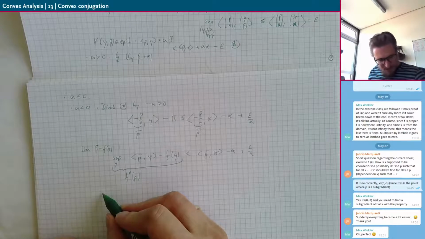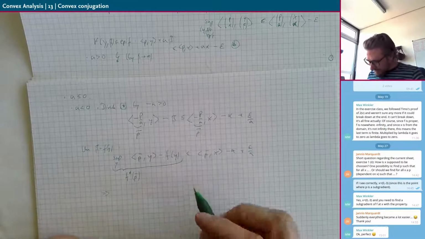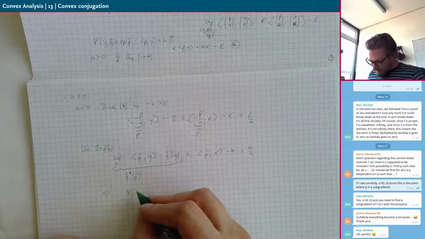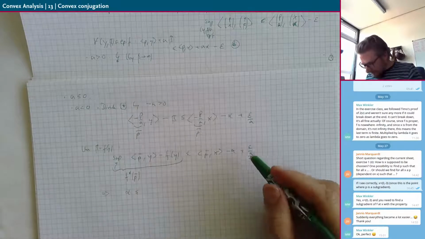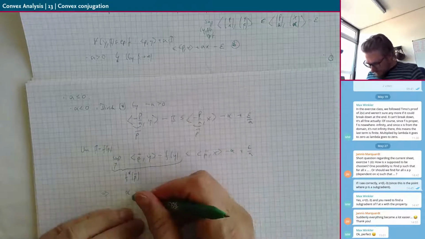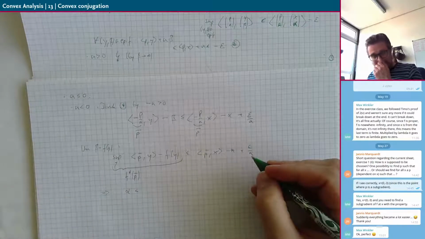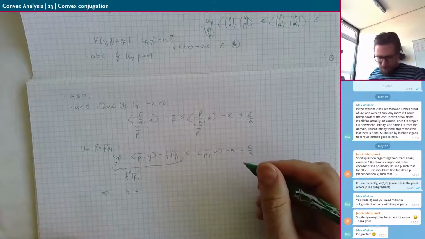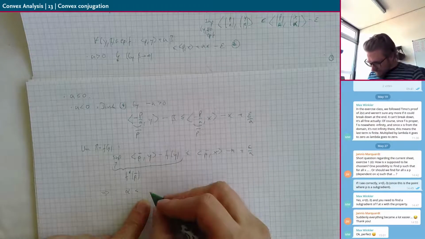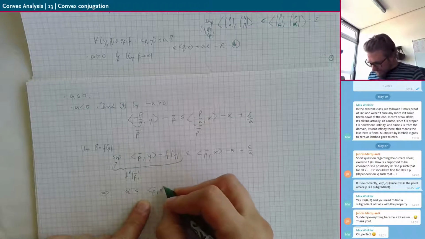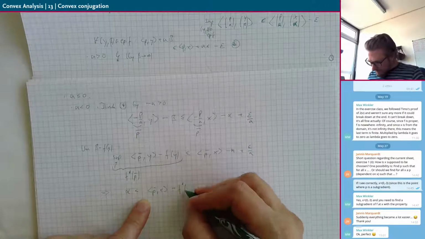So what does that mean? We can rearrange a little bit by bringing alpha to the left hand side, and we get a strict inequality by omitting the negative epsilon over a term, so that alpha is strictly smaller than p bar times x minus f star of p bar.